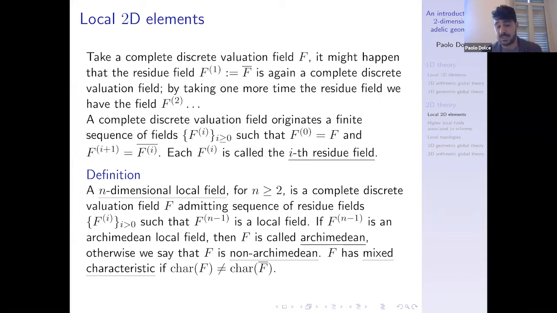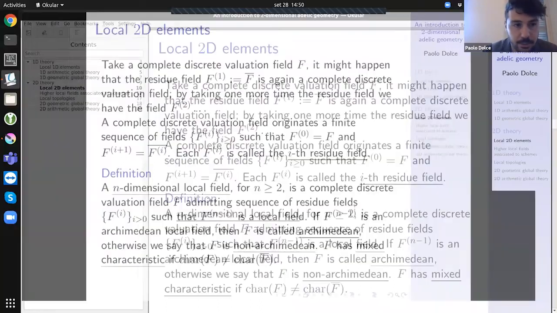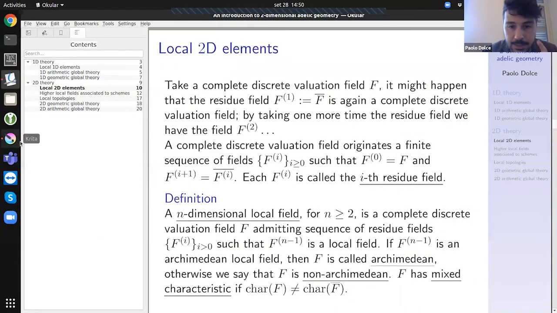If this last field is Archimedean, then the whole field F will be called Archimedean. And of course, you also have the notion of mixed characteristic. Before someone interrupts me with a question that I can imagine, I want to write something about this definition. This definition of dimension is not actually well defined if posed in this way.